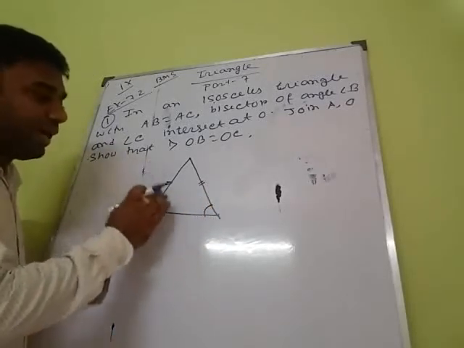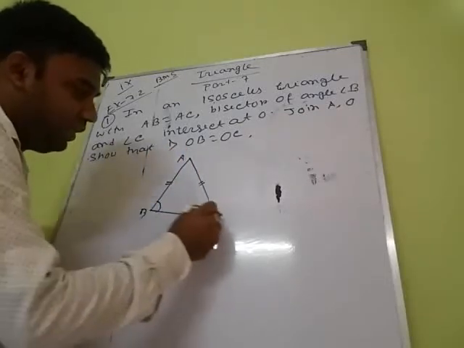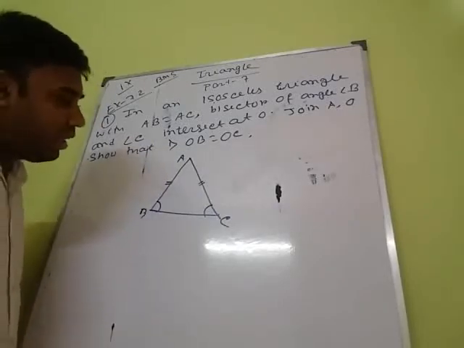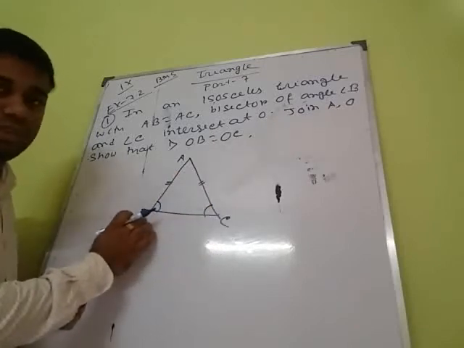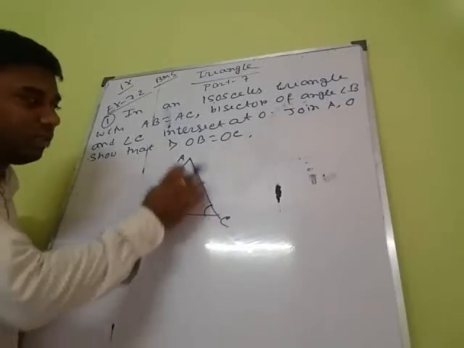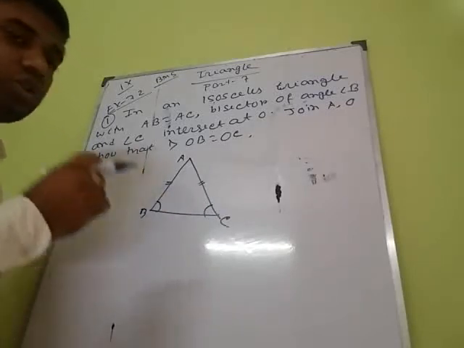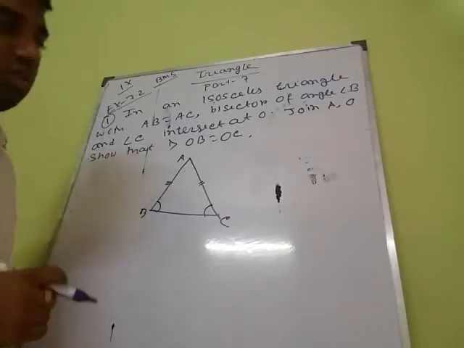If it is given that in triangle ABC, AB and AC are equal, then the opposite angle of AB, that is C, and the opposite angle of AC, that is B, should be equal. That is, the angles opposite equal sides are equal.